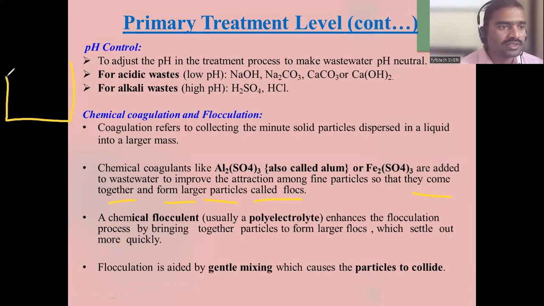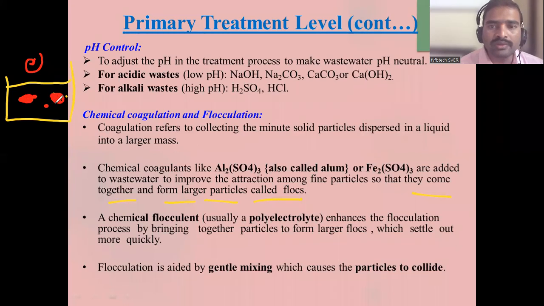If this is a tank with smaller particles, when you add the coagulants, they will become larger particles. After adding coagulant, you have to do gentle rotation. With gentle stirring, one particle and another particle will come in contact and become larger particles.